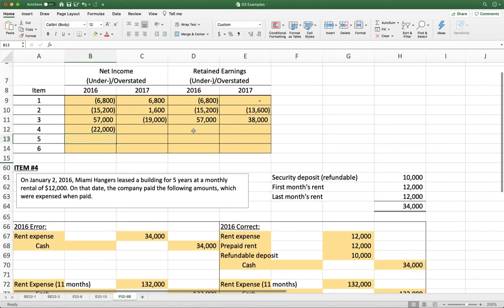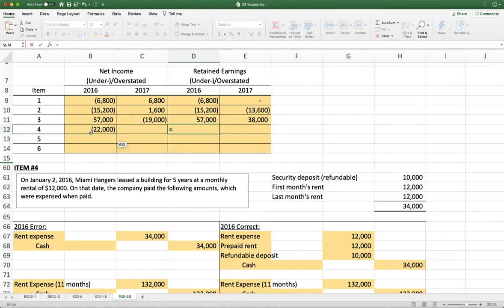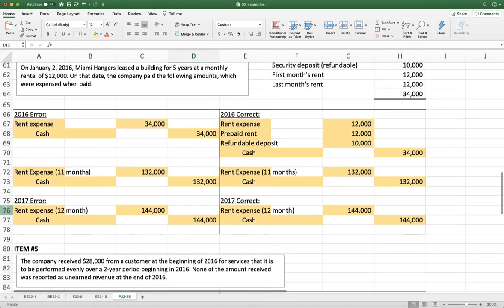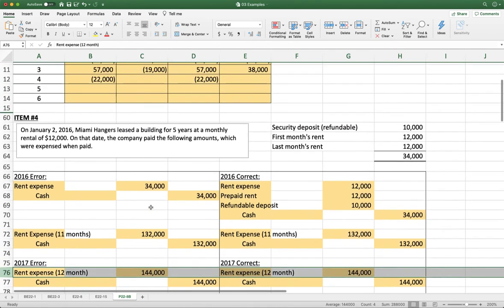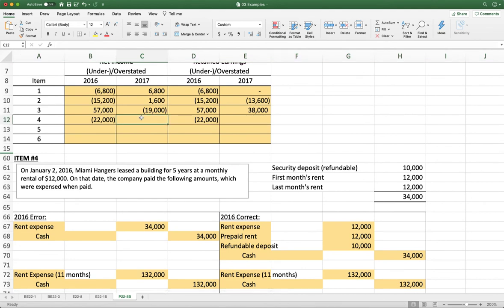Again, when we close out our income statement, we're going to transfer that understatement into retained earnings. All right, then if we look at 2017, we see that the amount of rent expense that they recorded is correct. That's the amount that we think they should have recorded. So we actually have no error in our net income for 2017.